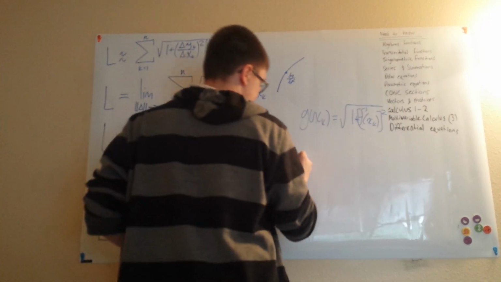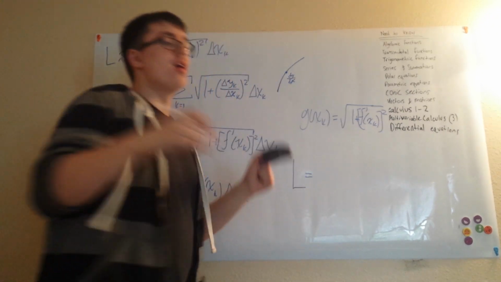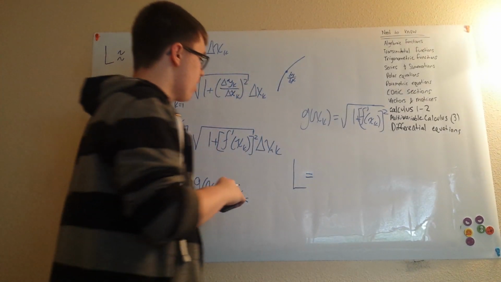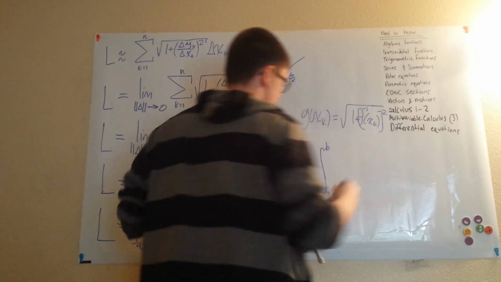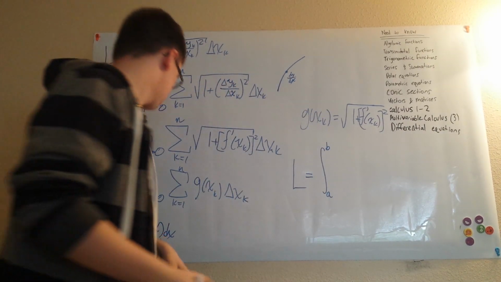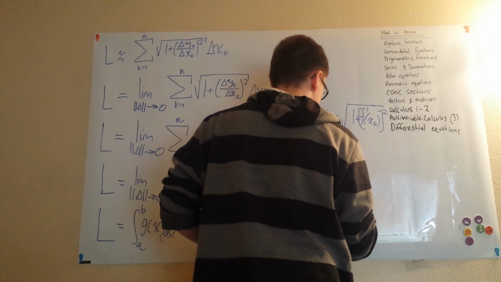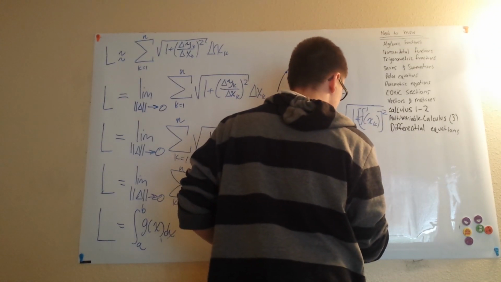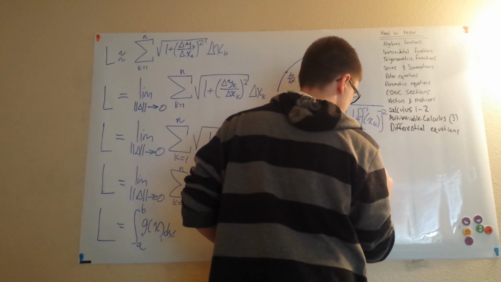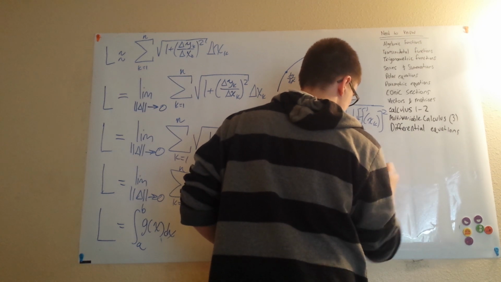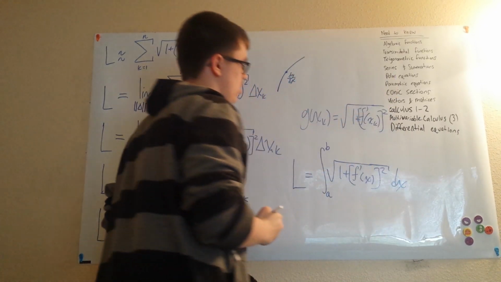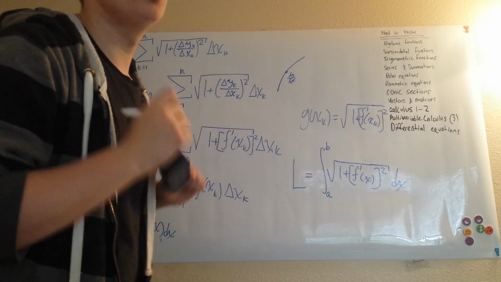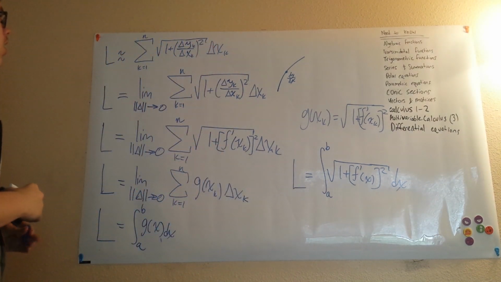The length of the curve is the integral from a to b of the square root of 1 plus f prime of x squared dx. That right there is the length of the curve.